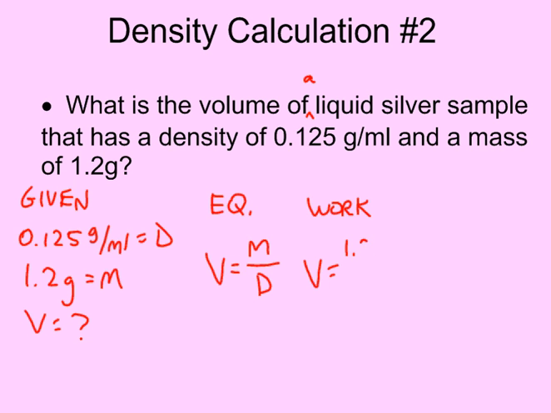V equals mass of 1.2 grams, density of 0.125 grams per milliliter. The answer is going to end up being 9.6. Now, units. The units are going to be for volume, and so we're going to have milliliters. So 9.6 milliliters would be our answer there.